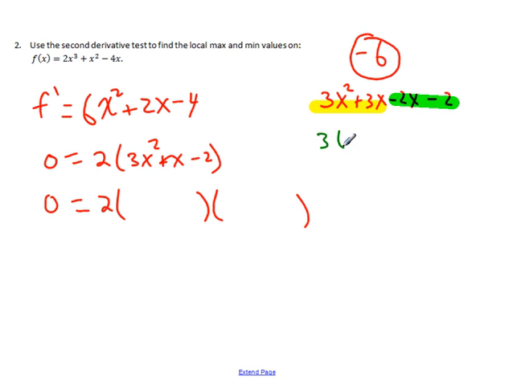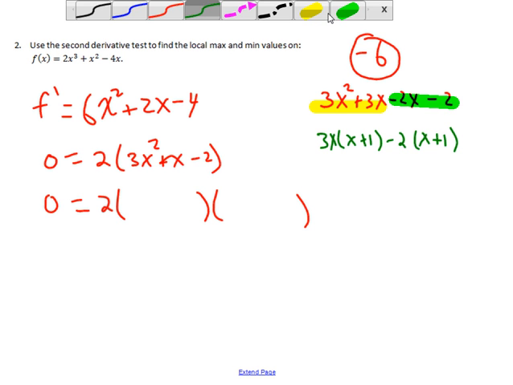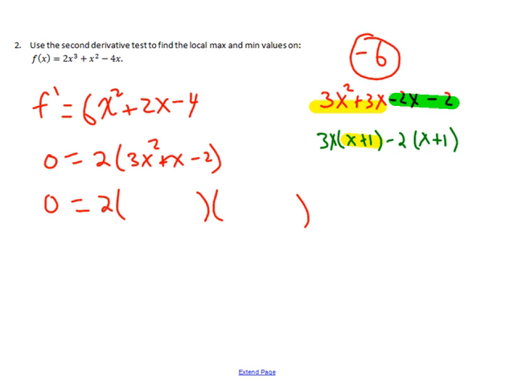We get 3x times x plus 1 minus 2 times x plus 1, and they both share an x plus 1, so we factor that out, and what's left is 3x minus 2. So what does x equal? x equals negative 1 and 2/3.